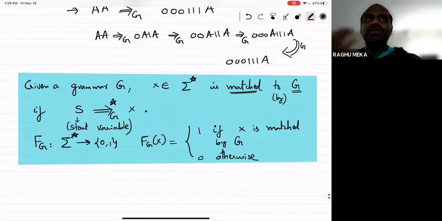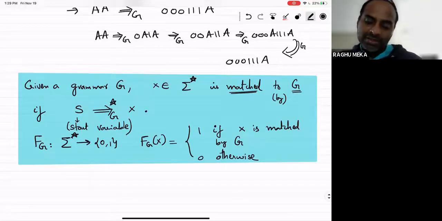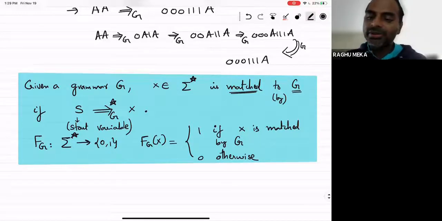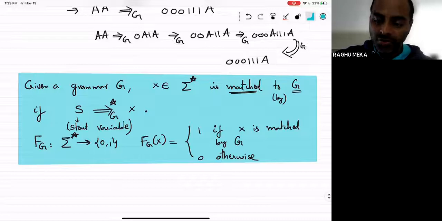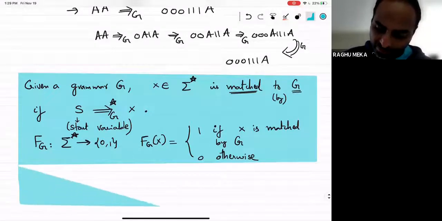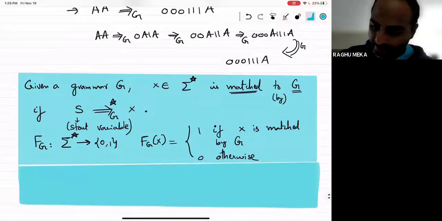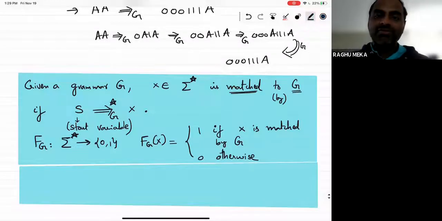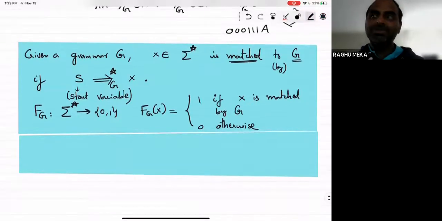I give you a string of terminals, you can tell me whether or not the sequence is derivable from the start variable. If it is derivable, then the function output is 1, otherwise it's 0. These are different names for the same thing.